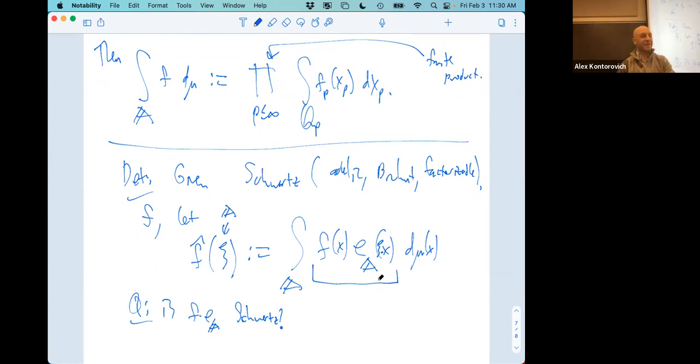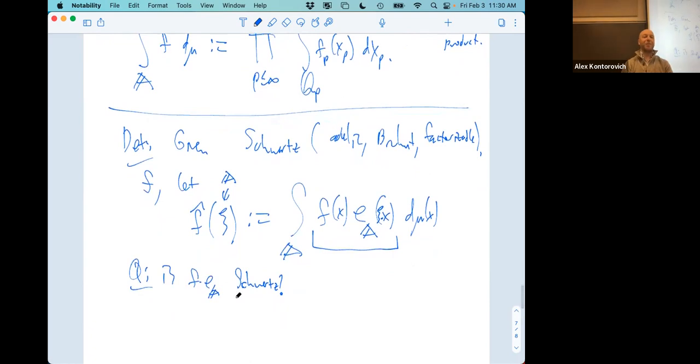How do I make sense of this integral? First factorize it. The first step of being Schwartz is being factorizable. Yes, this definitely does factorize. So this is equal to a product of F_p e_p. For each one, can I define this integral, and is the integral identically one for all but finitely many p?